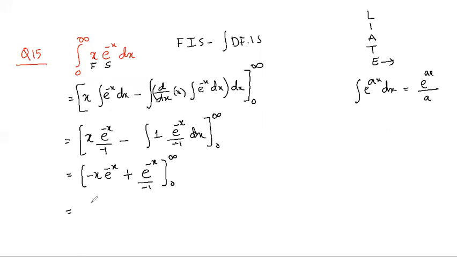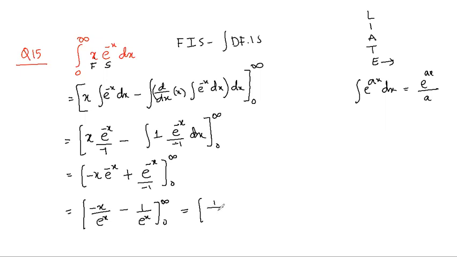Now I'll replace x by the upper limit. So what I can write here is minus x upon e raised to x, minus 1 upon e raised to x. When you replace x by infinity, this number is smaller. Exponential numbers are much bigger. So the denominator becomes much larger than the numerator.